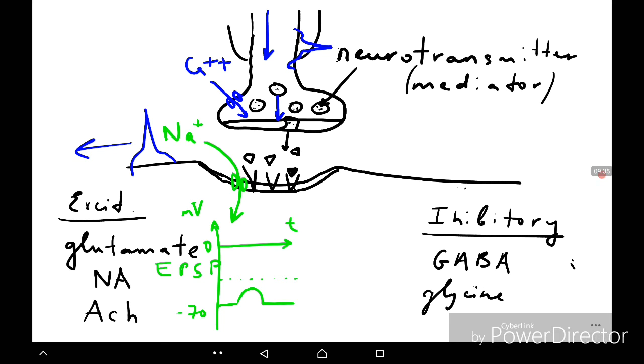And just another situation occurs if an inhibitory neurotransmitter is released into the synaptic cleft. In that case, sodium channels do not activate, but instead of them, potassium and chlorine channels open on the postsynaptic membrane.